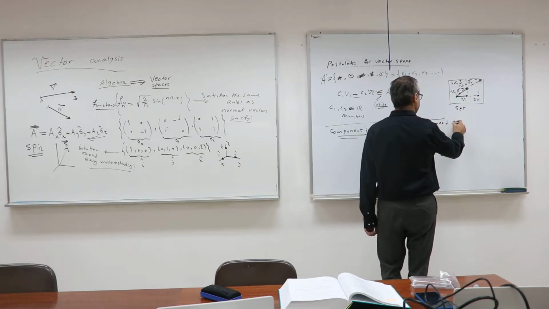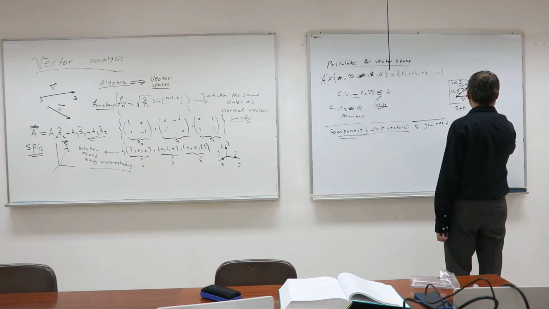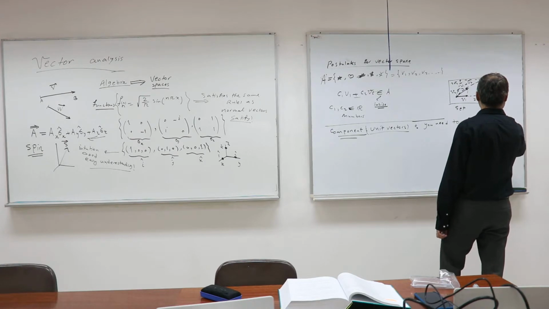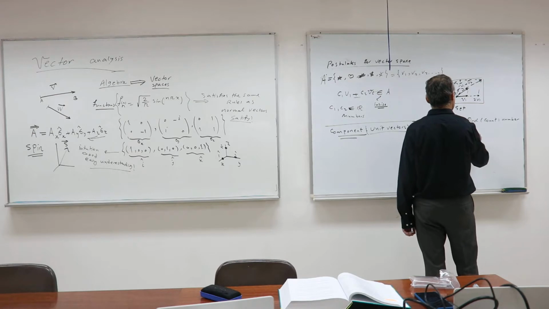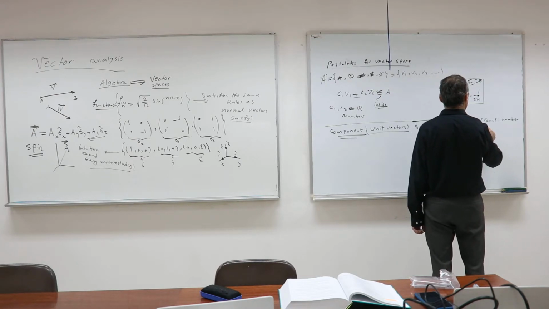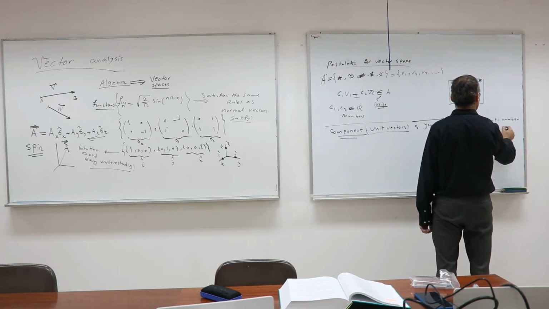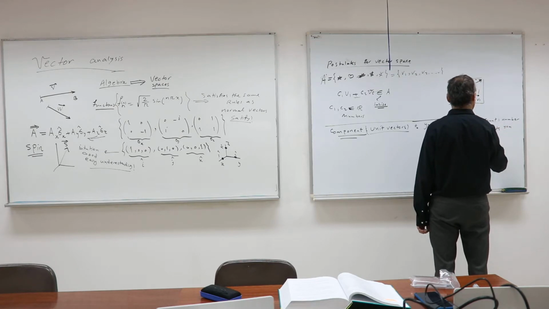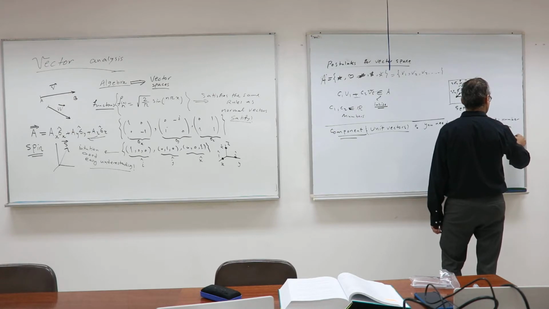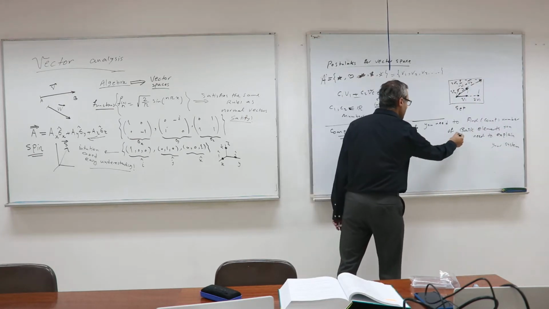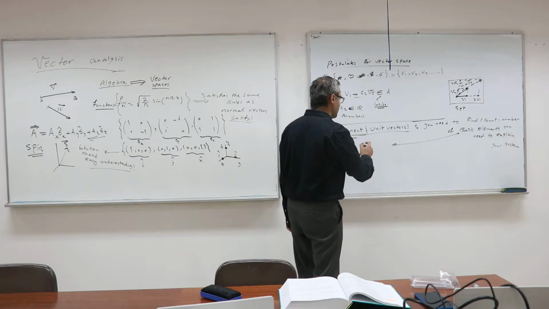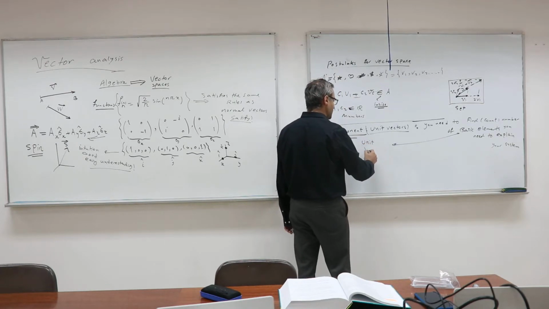You need to find or count the number of the basic elements you need to explain your system. And for each of the elements, you need to define one unit vector.